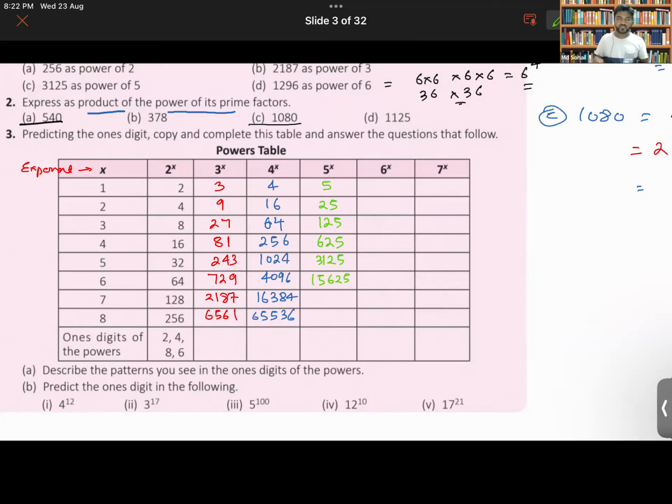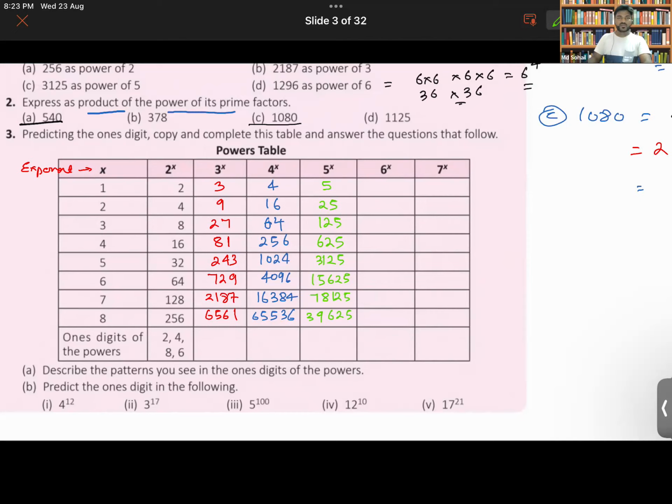And then what about 5 to the power 7? 78,125. Then what else are we getting? It will be 390,625.